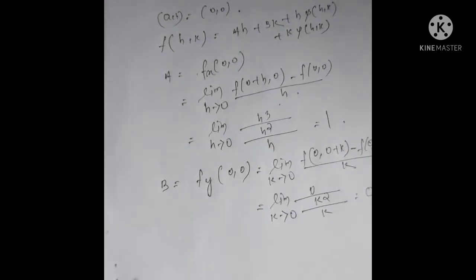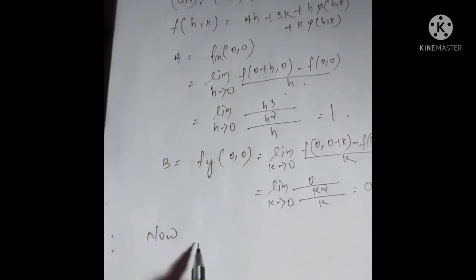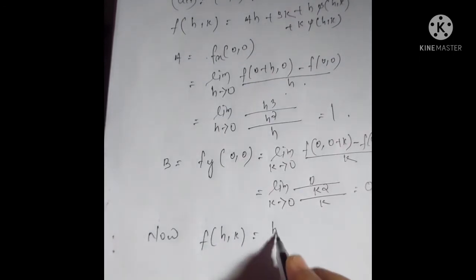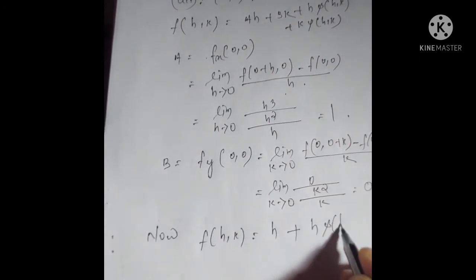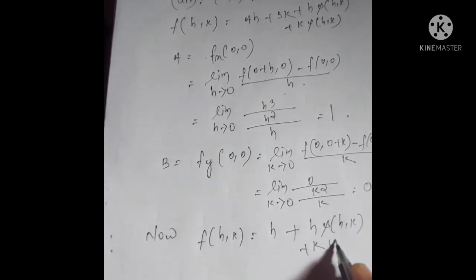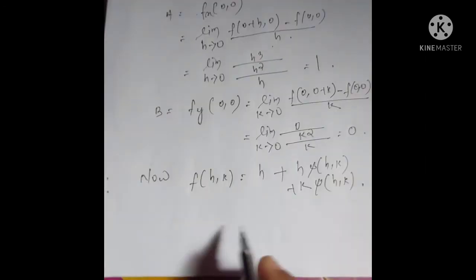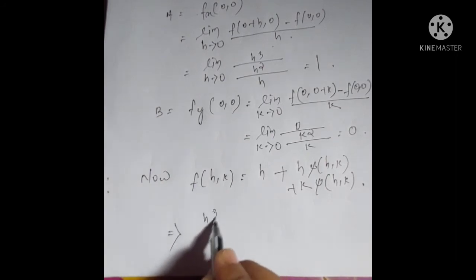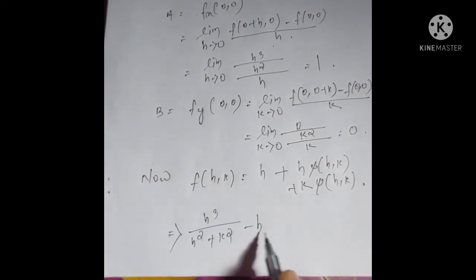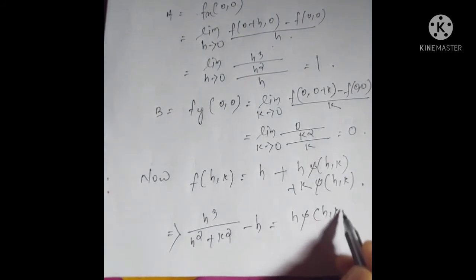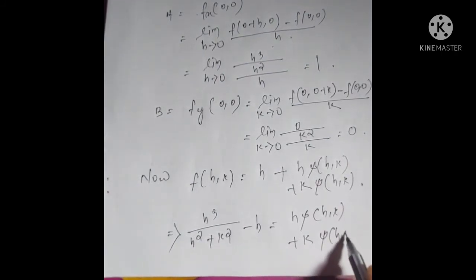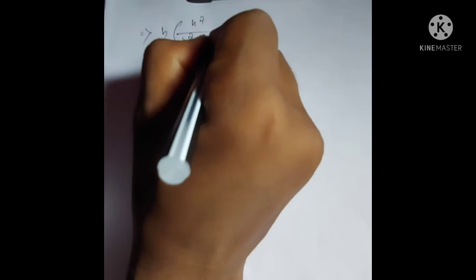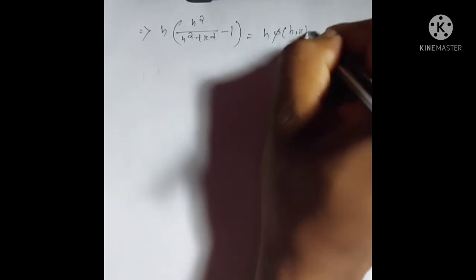Now f of hk is equal to h plus h phi of hk plus k into psi of hk, which implies that h cube by h square plus k square minus h is equal to h phi of hk plus k into psi of hk. This implies h into (h square by h square plus k square minus 1) is equal to h into phi of hk plus k into psi of hk.